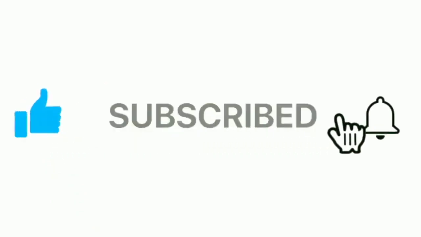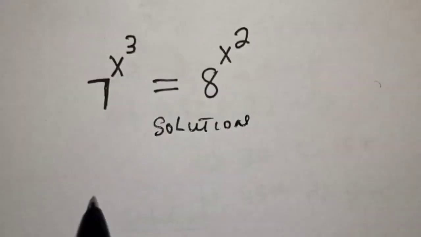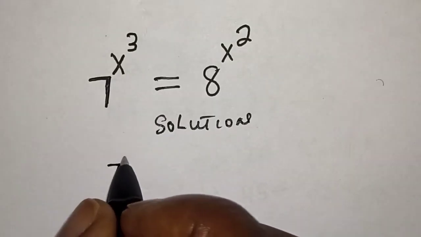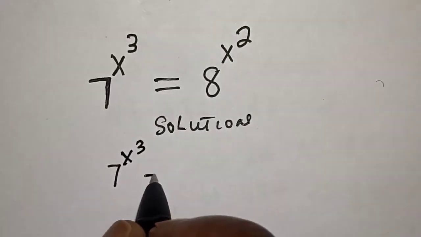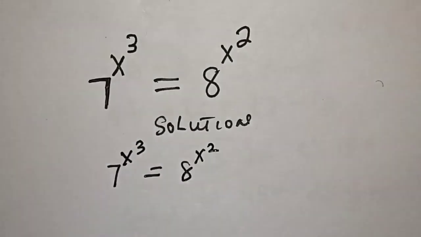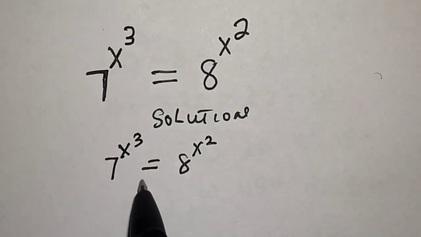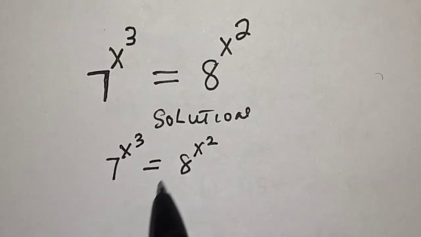Solution. Seven raised to power s cube is equal to 8 raised to power s squared. Now let's multiply the power of both sides by 1 over s squared.